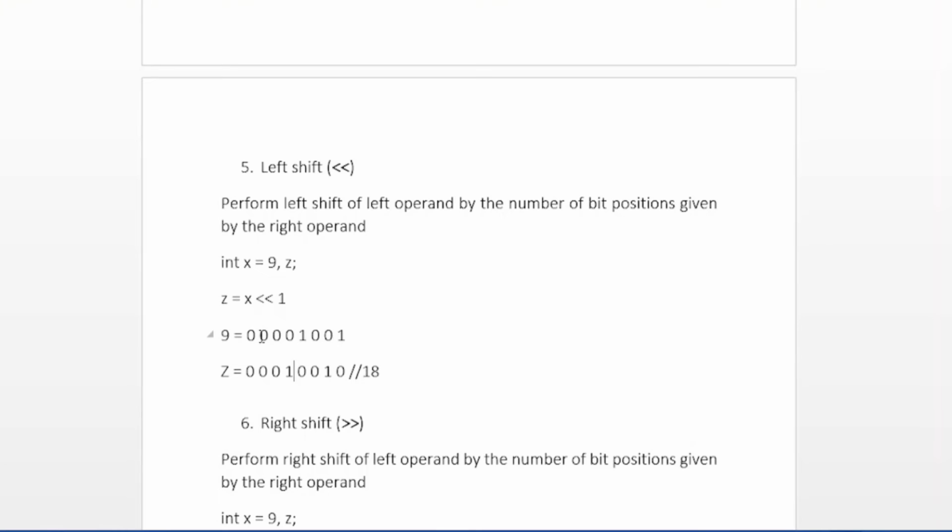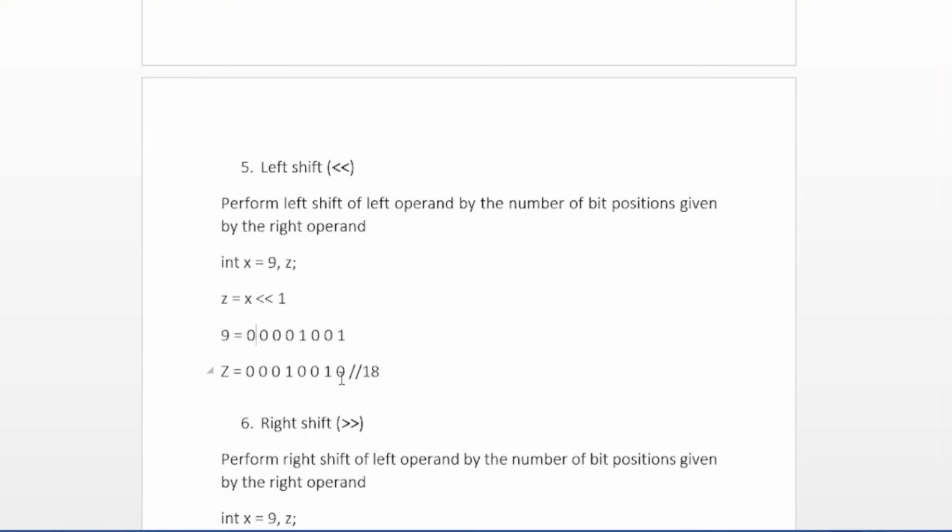So 9 is written as 0 0 0 0 1 0 0 1. Now shift this by 1 to the left, and the leftmost 0 goes out while a 0 comes in on the rightmost side.